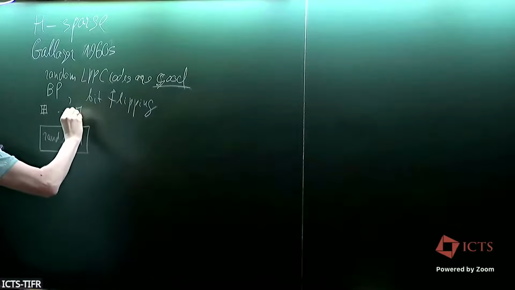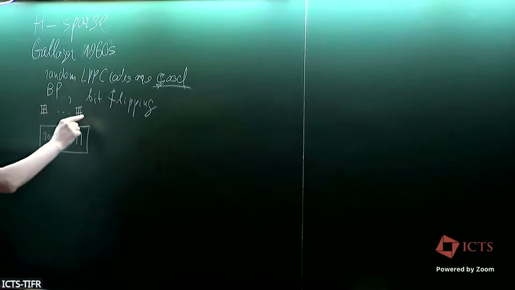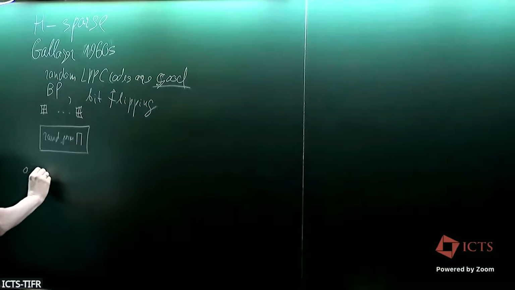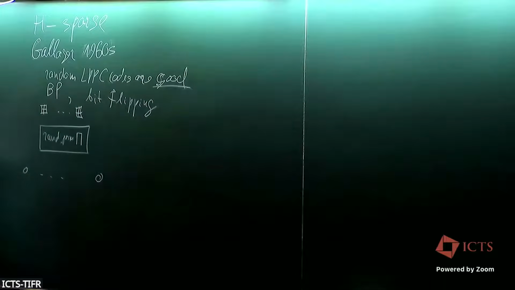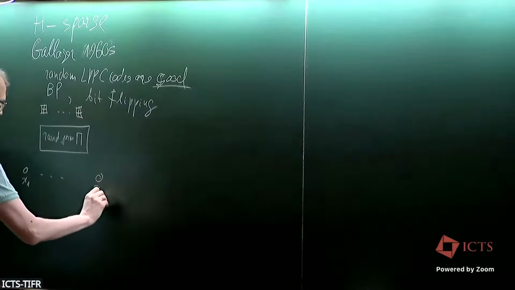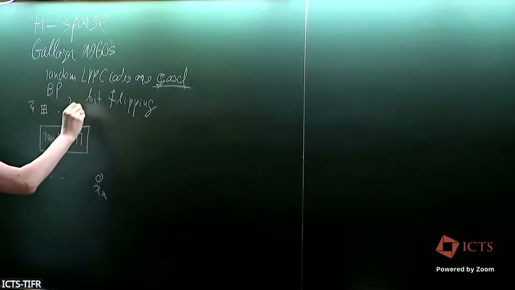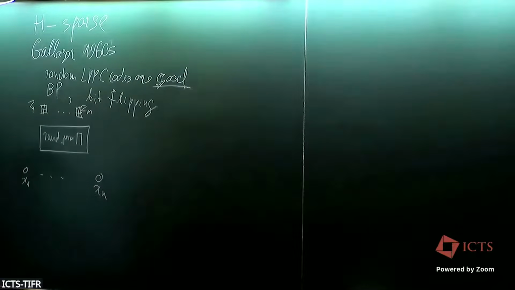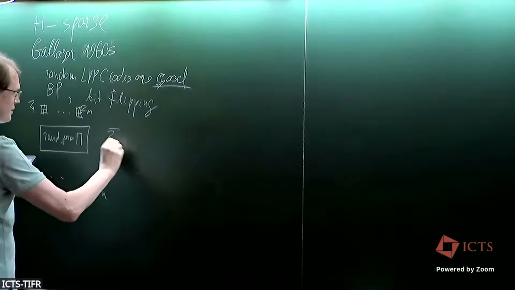First, we start with a set of checks and a set of bits. Then we fix some degrees. We have bits x1 through xn, we have checks z1 through zm, and we have some degrees.